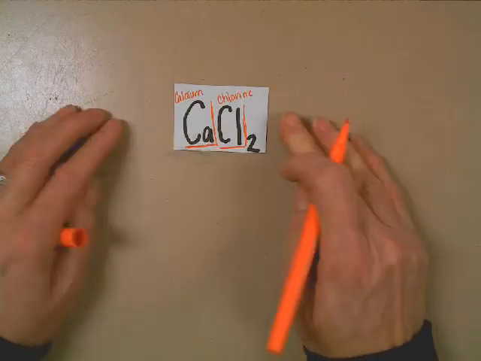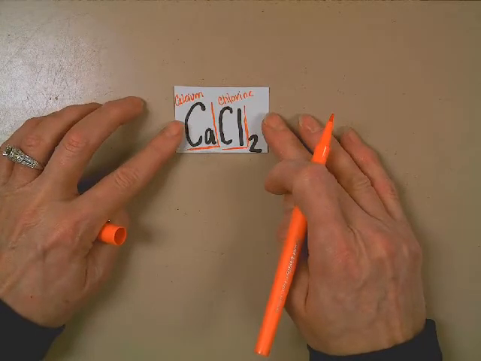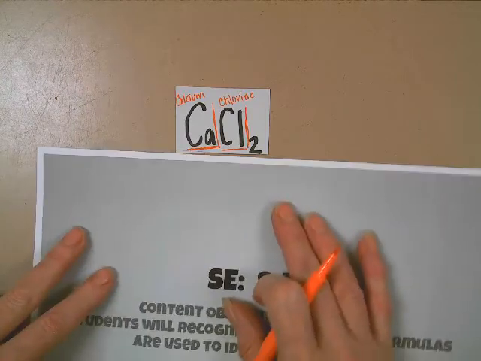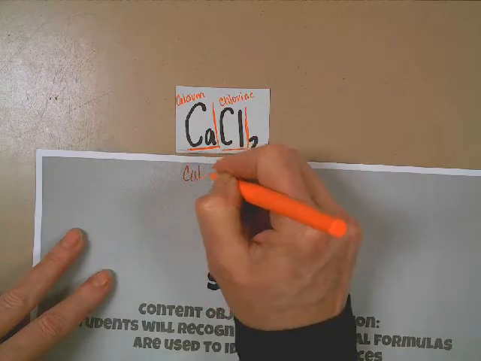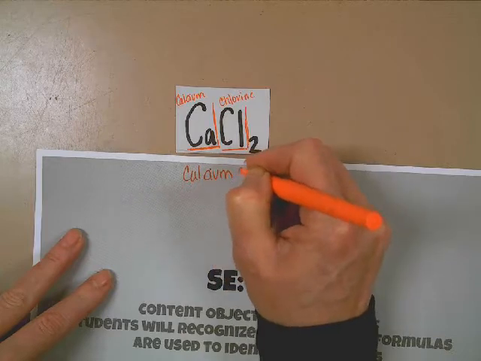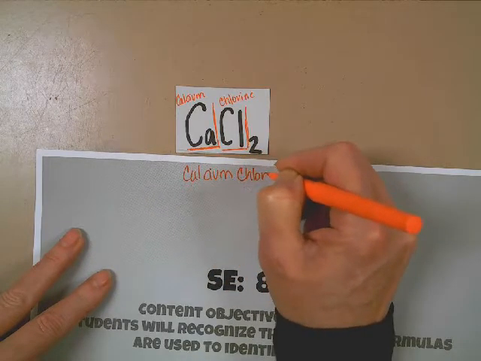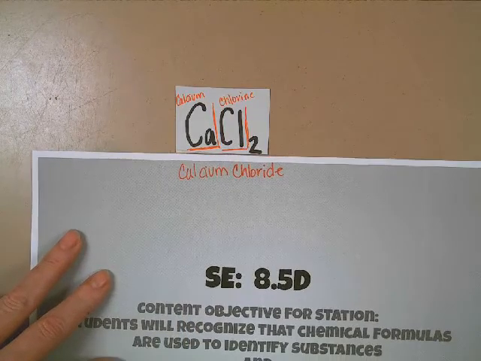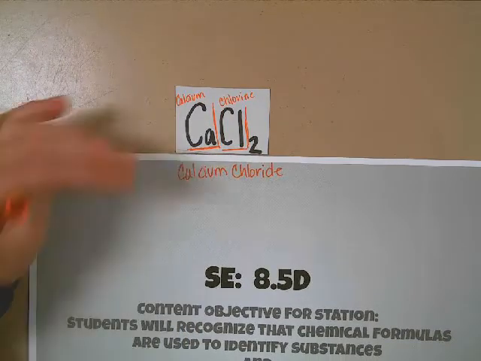How many elements make up calcium chloride? That's the name of this compound. If you said 2, you're absolutely right: calcium and chlorine. Once again, the elements are the letters.